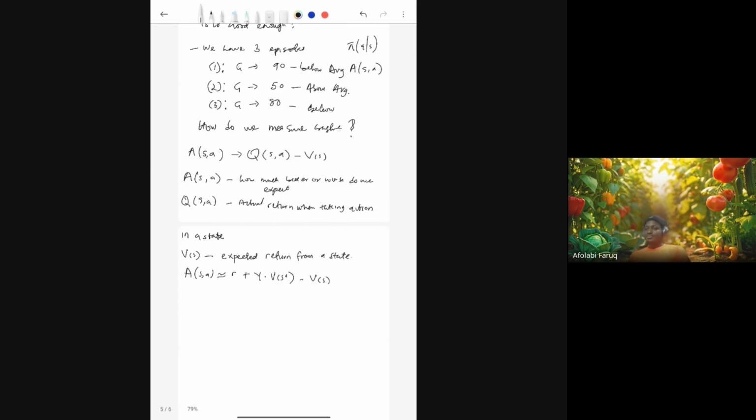So with that, now let's say, for example, you have a baseline expected return from a given state. That's V of S. We have it to be, let's say, 55.